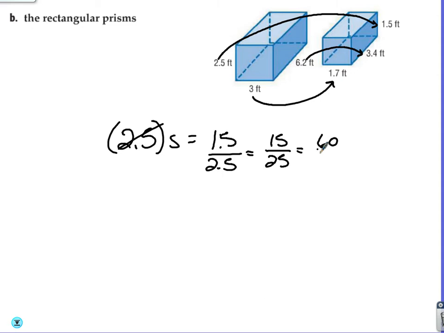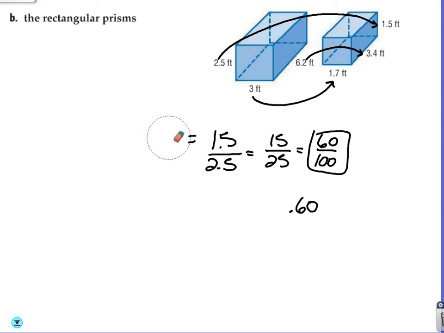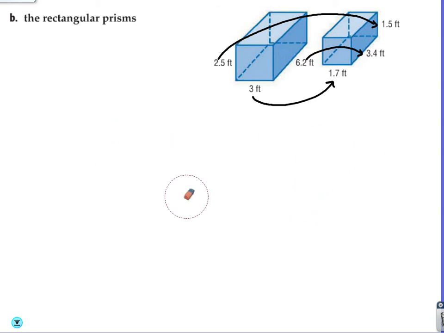It gives me 60 over 100. 60 hundredths. You know how easy that is to turn into a decimal? If you can get a 10 or a 100 on the bottom, then you can amaze people by your ability to divide 1.5 divided by 2.5 in your head, but not really. So that's 0.6. Your scale factor, because it's shrinking, 0.6 is going to shrink a shape. From 2.5 to 1.5, your scale factor is 0.6.